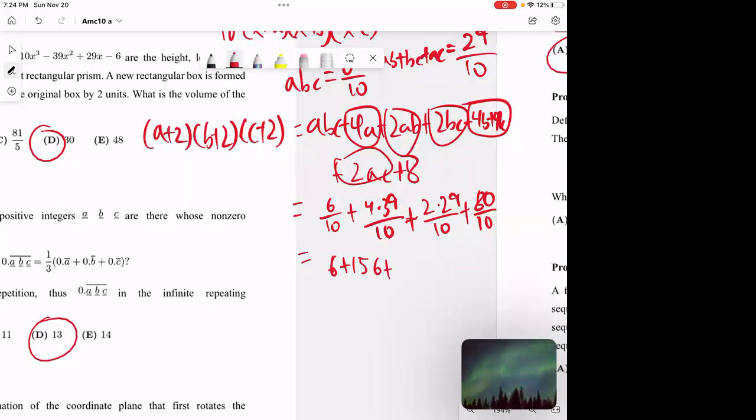Plus 58 plus 80 over 10, of course, which is equal to, let's see, 166 plus 58, and then plus 80, should be 300 over 10. So equals 30, which is our final answer.